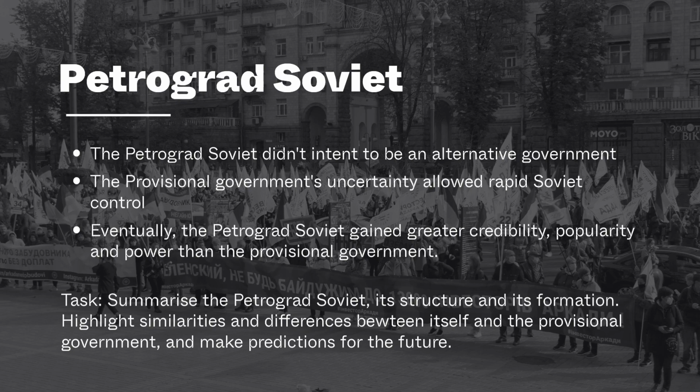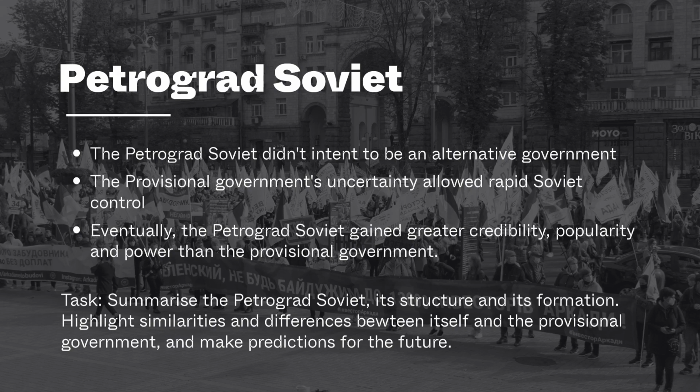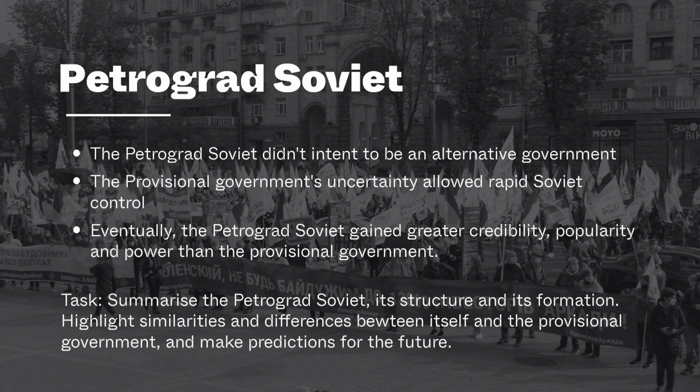Soviets were set up rapidly in all major Russian cities and towns after February. The Petrograd Soviet seemed to hold greater credibility, popularity and power than the provisional government amongst the people who saw the Soviet as a better representation of themselves. The provisional government was made up of the upper classes.